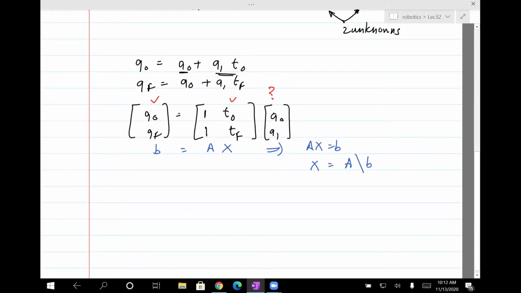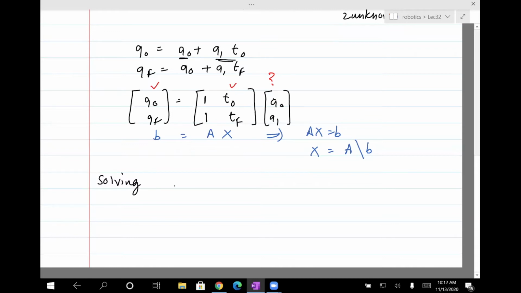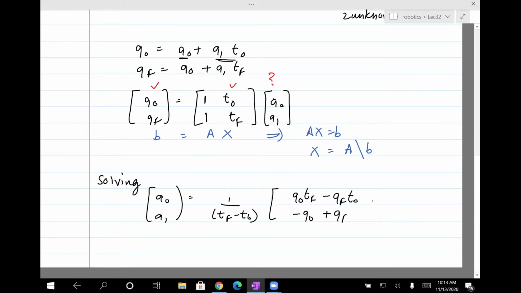You get a0, a1 comes out to be 1 divided by tf minus t0, then q0 tf minus qf t0, and then the second line is minus q0 plus qf.